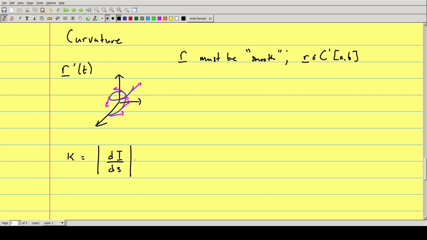So the magnitude of the derivative of the unit tangent vector with respect to the arc length parameterization. As a reminder, the unit tangent vector is the tangent vector divided by its length.